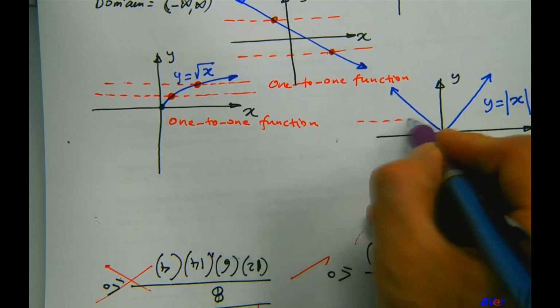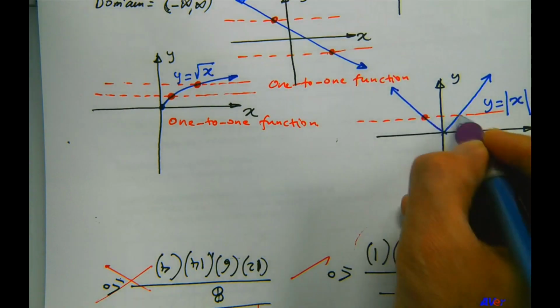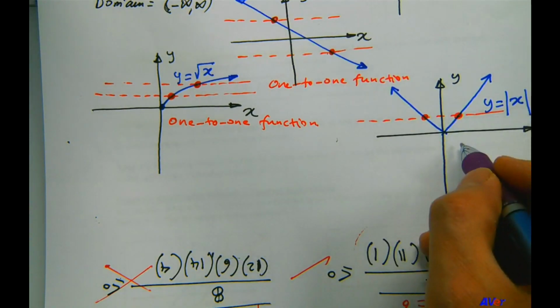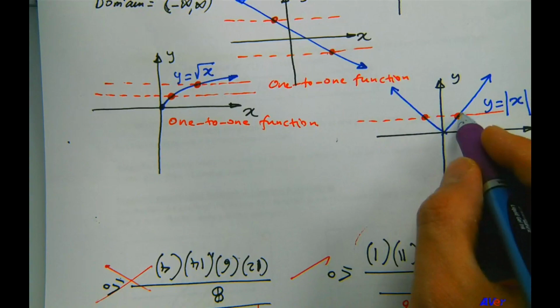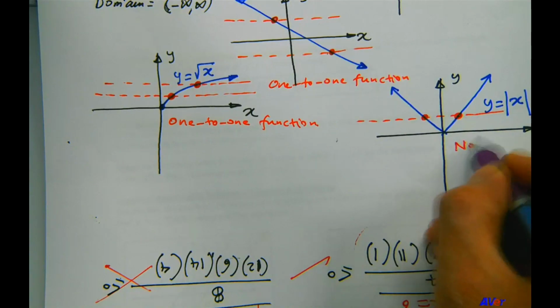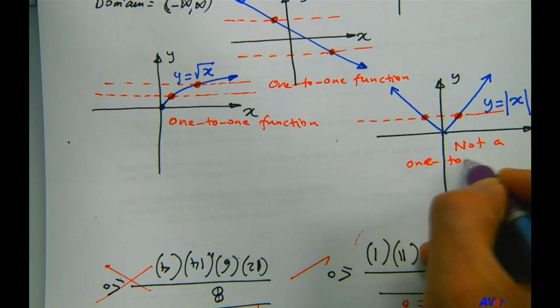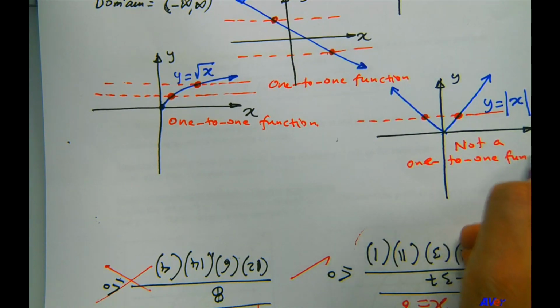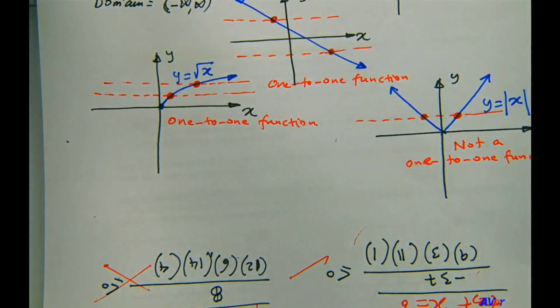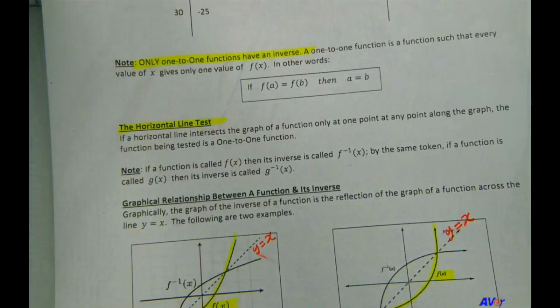If you draw a horizontal line, it'll cross the graph of the absolute value function at 2 points. So not a one-to-one function. There are lots of examples of functions that are one-to-one and lots of examples that are not. So that's basically the horizontal line test.